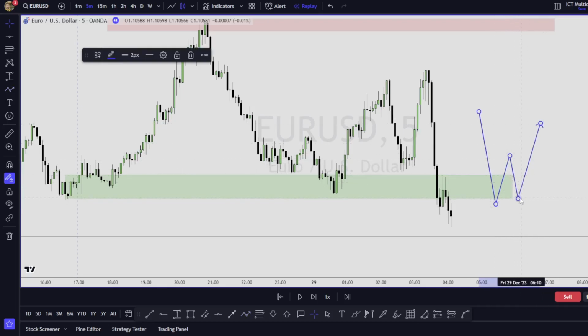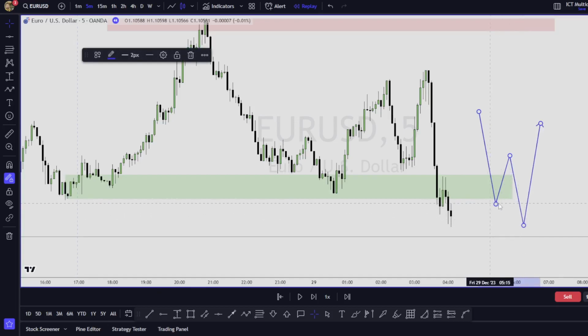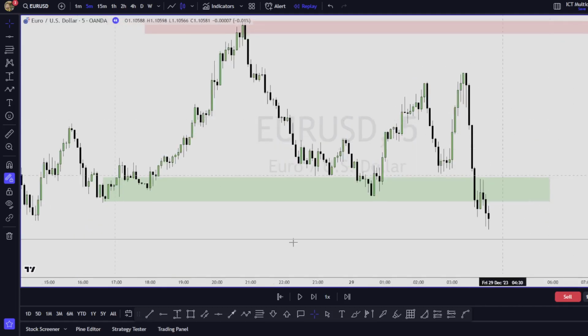or equal low, or some wicks can come down, and the body close should be equal to this level. So even if you have entered the trade anticipating that this is the support level, you would have entered here, and as soon as a candle closes below, or this candle, you could exit the trade.